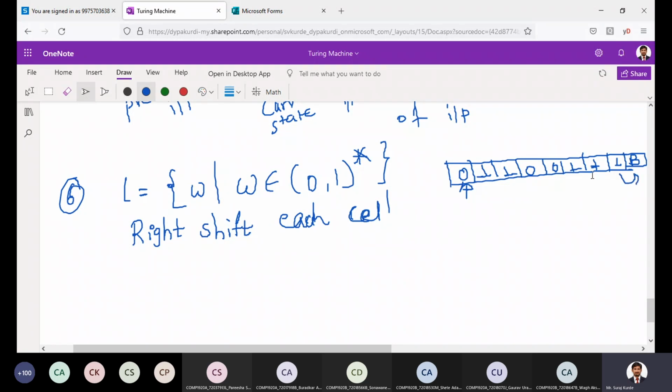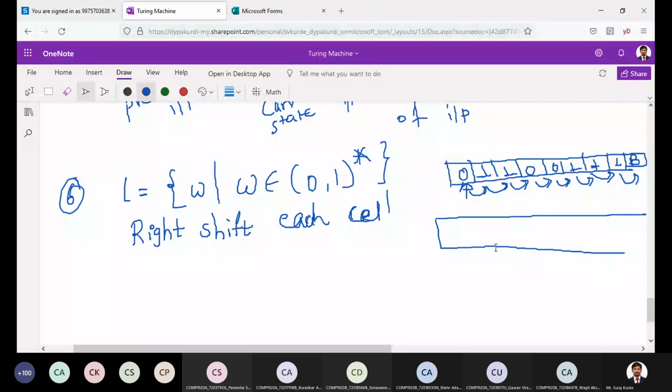You have to shift each cell to the right side. After the right shift, it will be blank, 0, 1, 1, 0, 0, 1, 1, 1, blank.